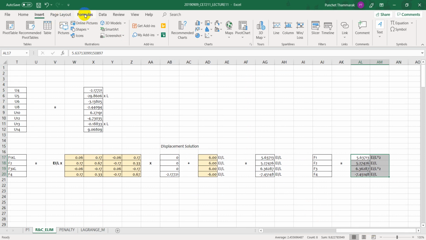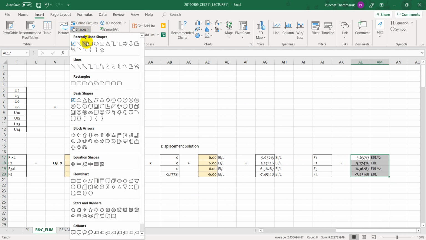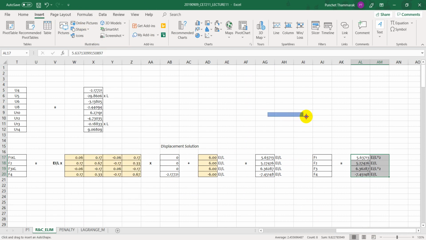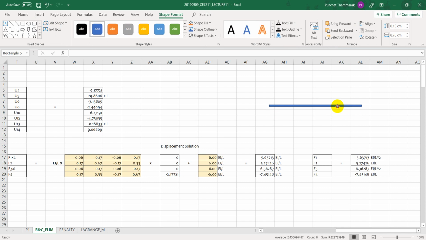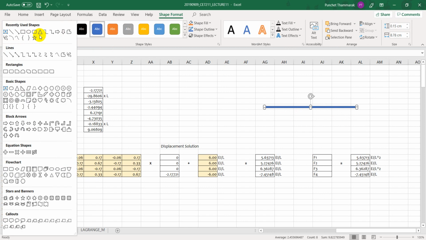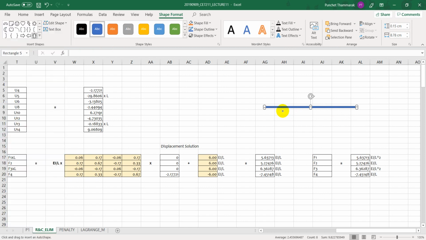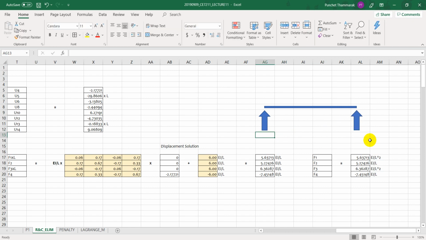Let me do a little drawing over here. So this will just represent the 5 point something, 6 point something.